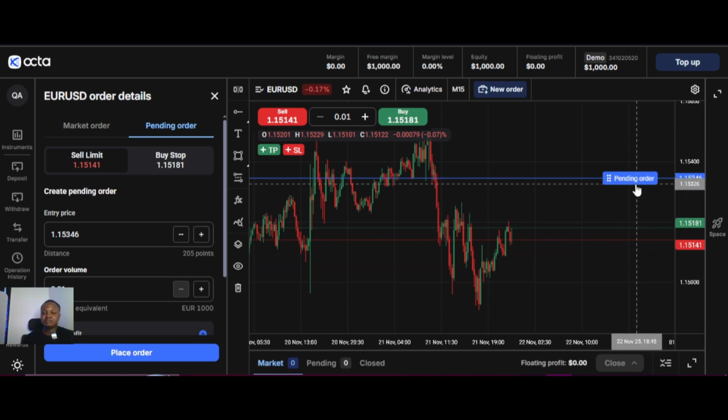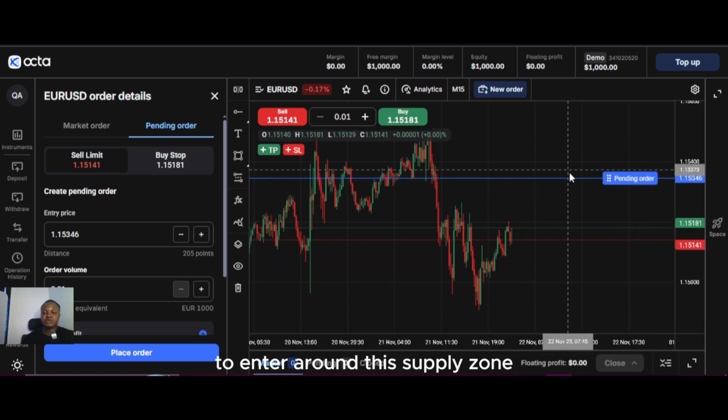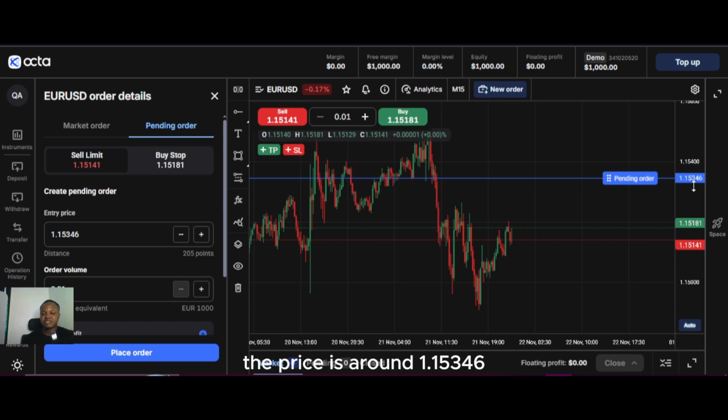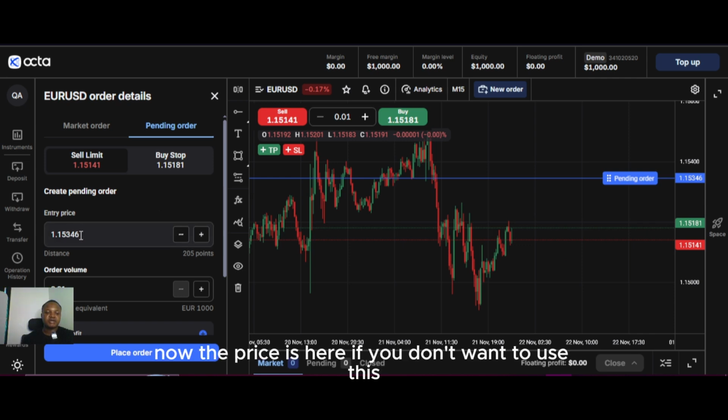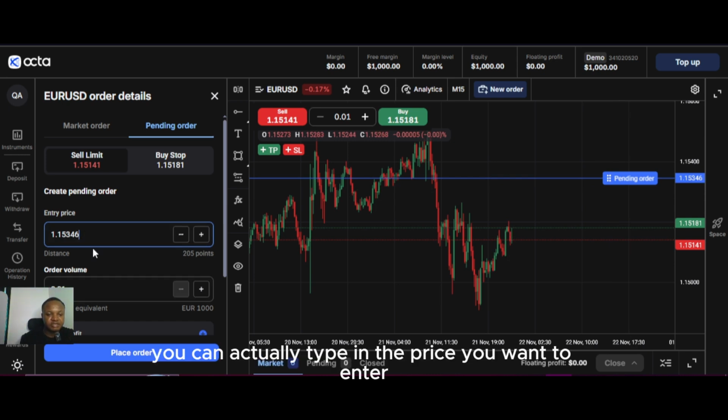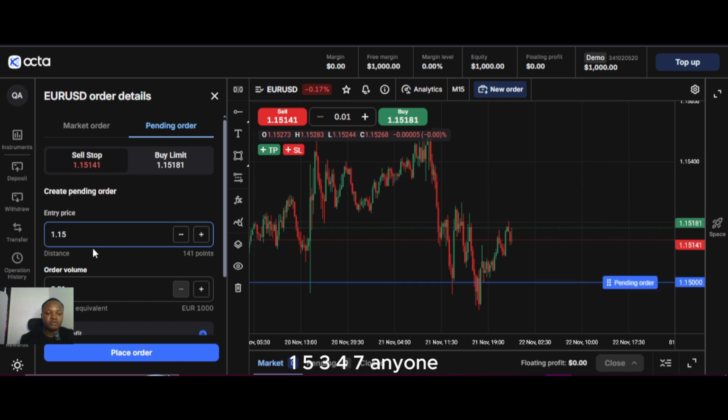To enter around this supply zone, the price is around 1.15346. Okay, now the price is here. If you don't want to use this, you can actually type in the price you want to enter. 1.15347.